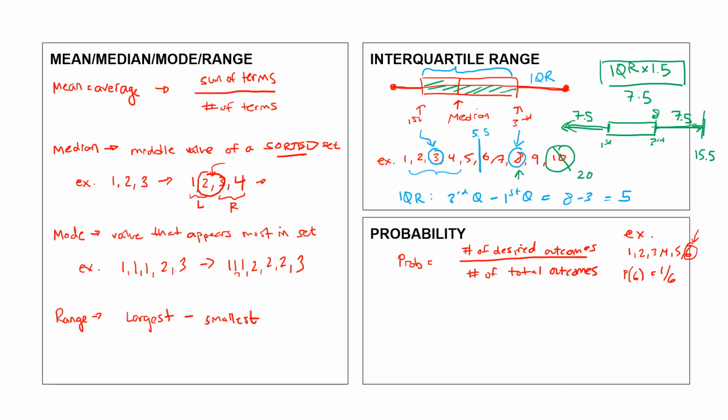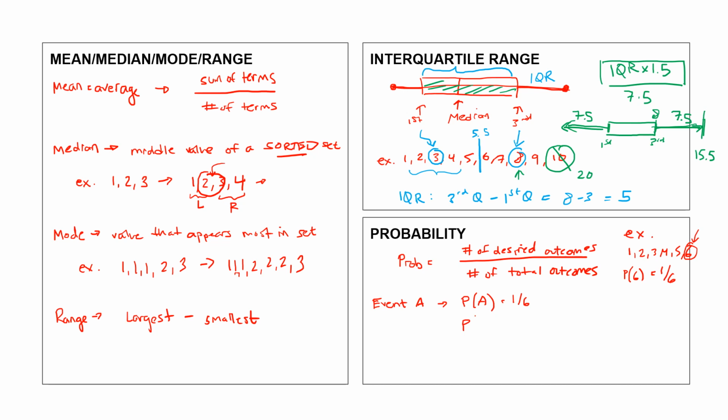So let's say we have some event A, of something happening. For instance, getting a 6 on a dice roll. So the probability of A happening is 1/6 in our case. Now, it's also important to know the probability of something not happening.